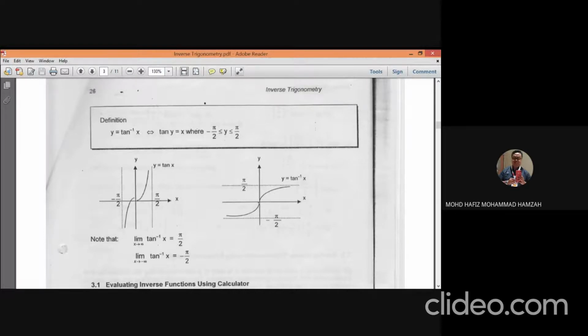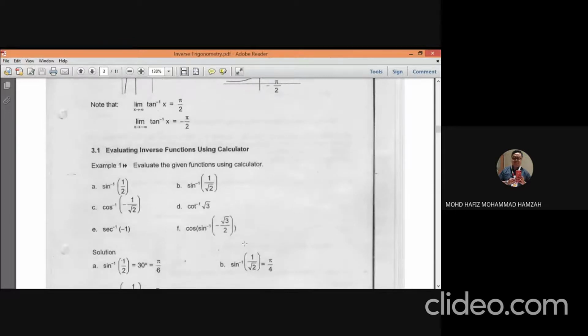It's like this for the inverse too. When x approaches positive infinity, that means a very big number here, so the tangent inverse value will also approach pi over 2. That's its asymptote. It will approach pi over 2 but never equal pi over 2. Same here for the limit as x tends to negative infinity: when x is very large, y will approach negative pi over 2.